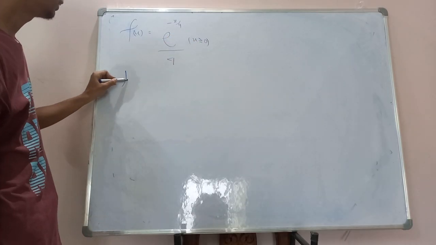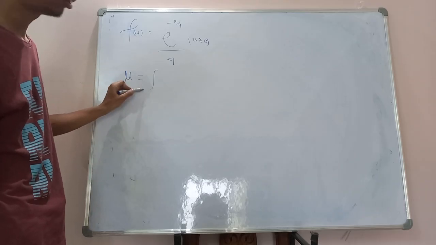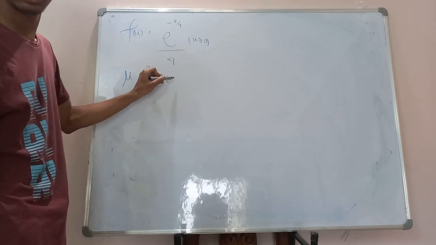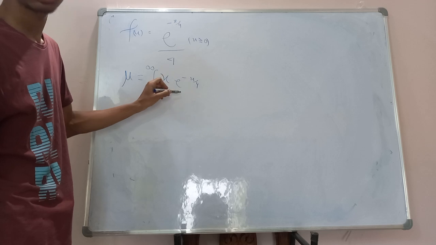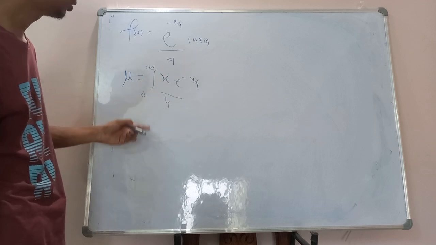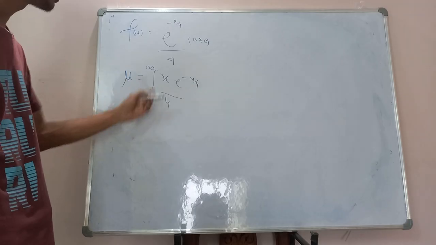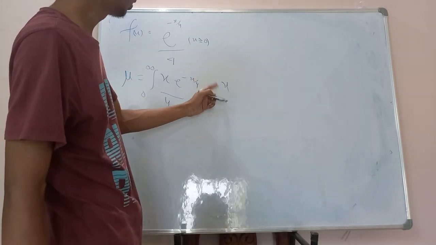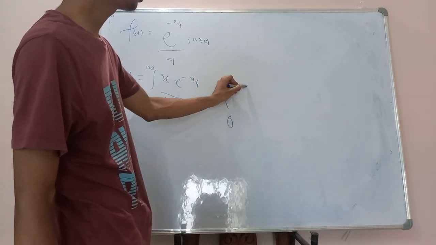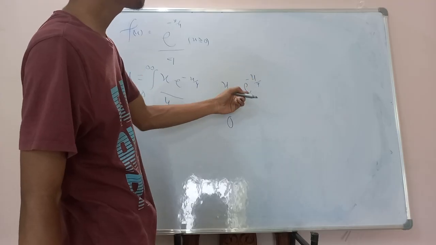So the mean is the integration from 0 to infinity of x e to the power minus x by 4, and this is 4. So I will do it here by parts. I will write this as x, then integrate the other part, and it will be written as minus e to the power minus x by 4.